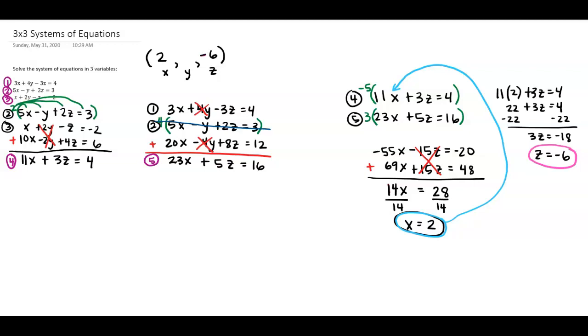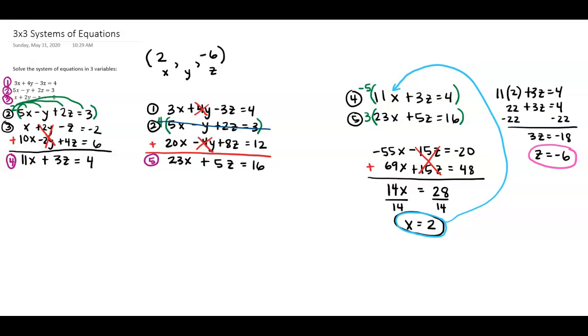So since I know my x, I know my z, I can come back to one of the original equations and substitute 2 in place of x, -6 in place of z, and then I'll have a y that I can solve for.